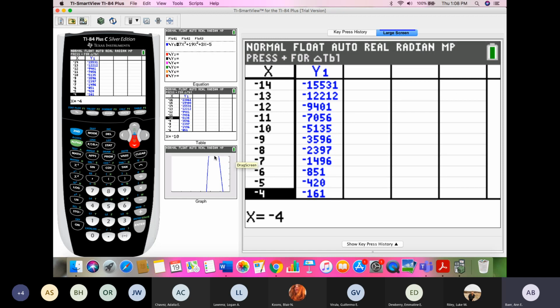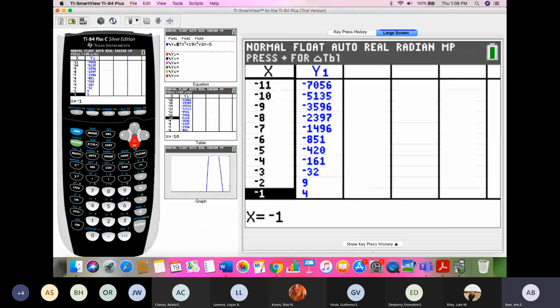If we continue to go this way, you see -1 right here. That was one of our possibilities, but we don't have the number 0 over here. So I'm going to cross that one out.